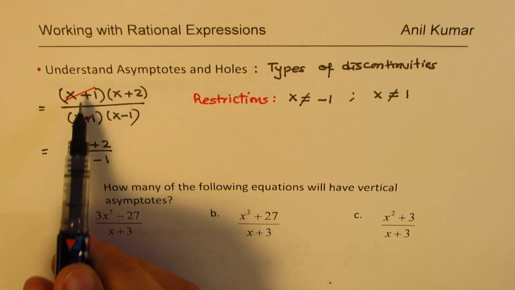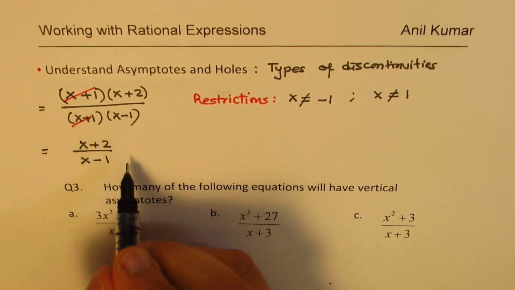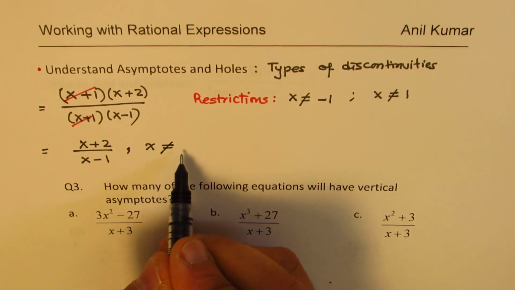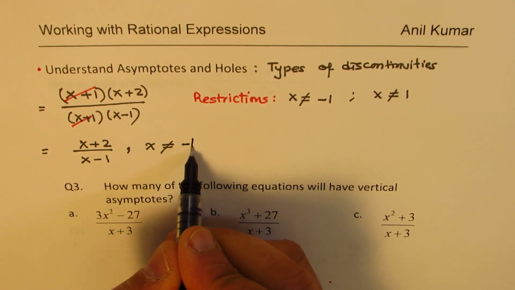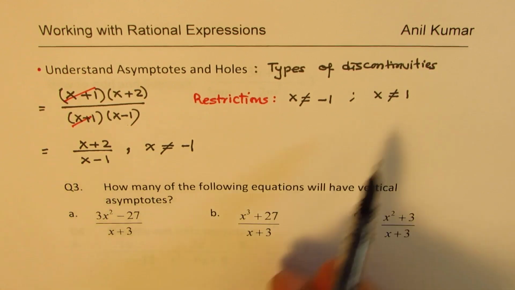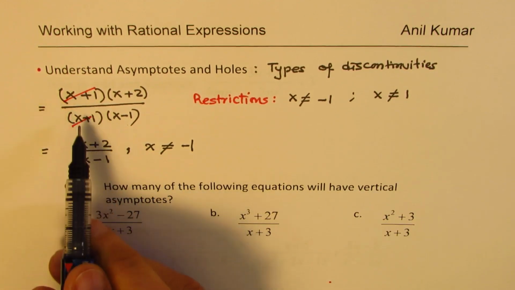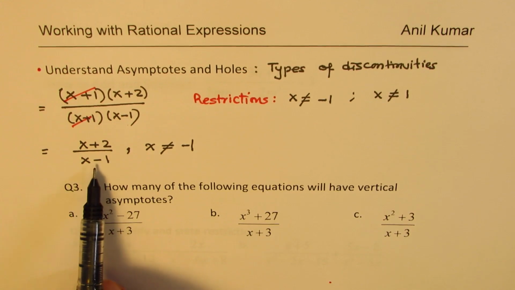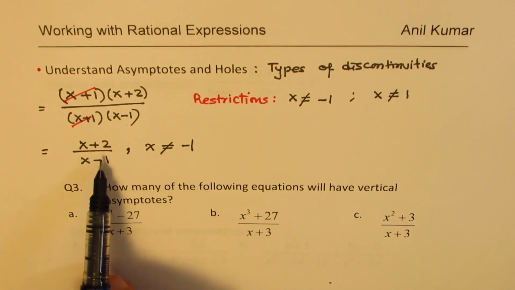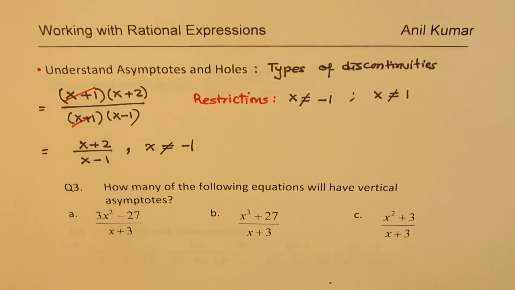But if this has to be equal to that, I have to definitely write here that x is not equal to even minus 1. From here you can see that x is not equal to 1. But since we cancel these two factors and they do not appear here, we have to write that x is not equal to minus 1. Only then this expression is equivalent to what we started with.